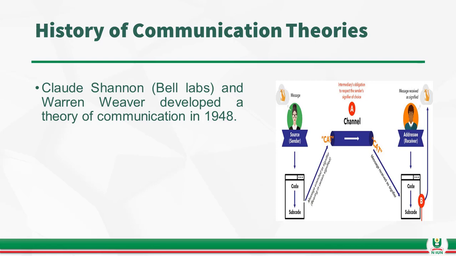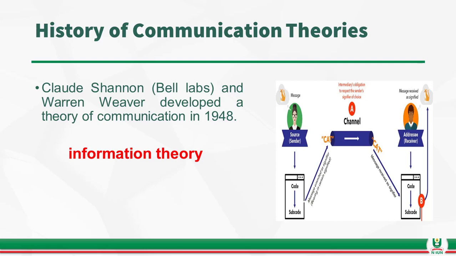It was Shannon that developed the communication theory, which is called information theory, and which was later elaborated and made more popular by Warren Weaver. Weaver extended Shannon's insights about electronic signal transmission into a broad theoretical model of human communication.